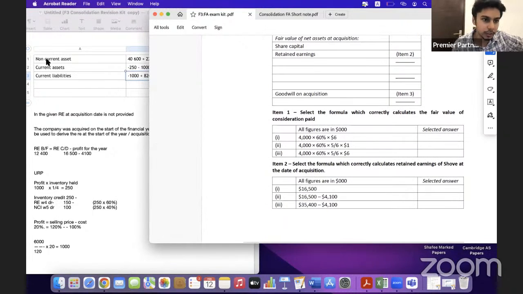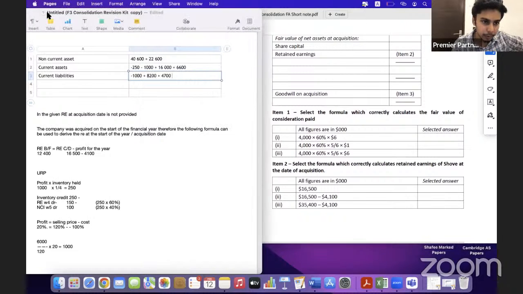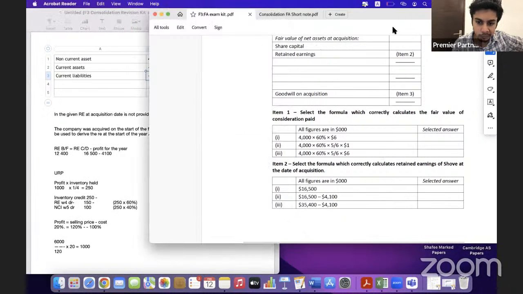Now look at this question over here. Second question, they are asking item number 2. Select the formula which correctly calculates retained earnings at the acquisition date.